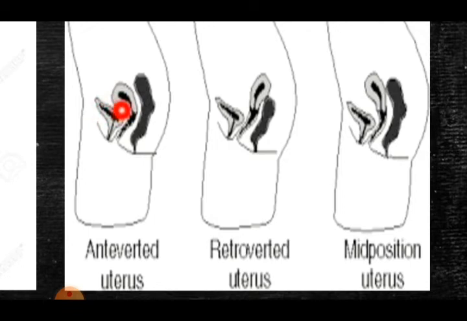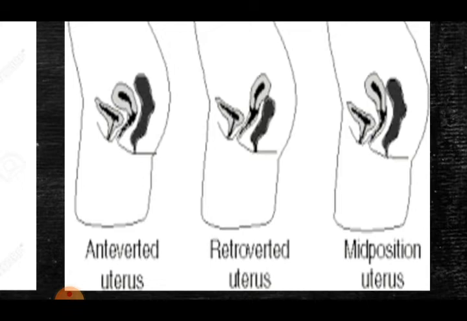If the uterus is retroflexed, or it points backwards or posteriorly towards the spine, then we call this position the retroverted position of the uterus. And in this case, the angle of the vagina and the cervix and the angle of the uterus and cervix both are changed.